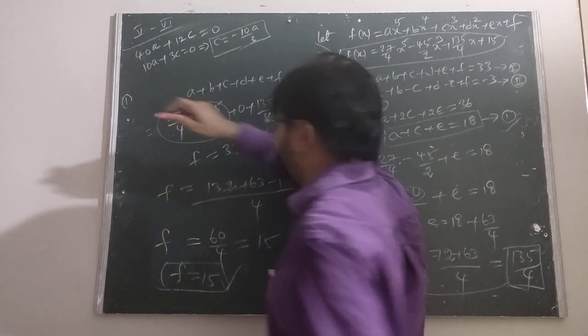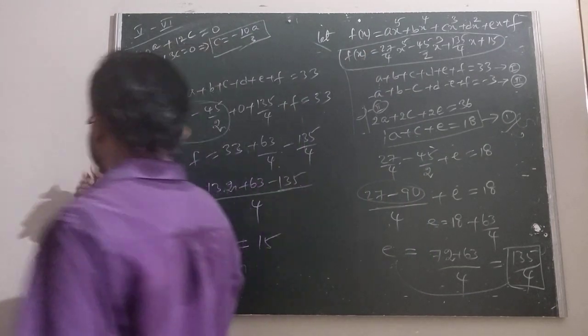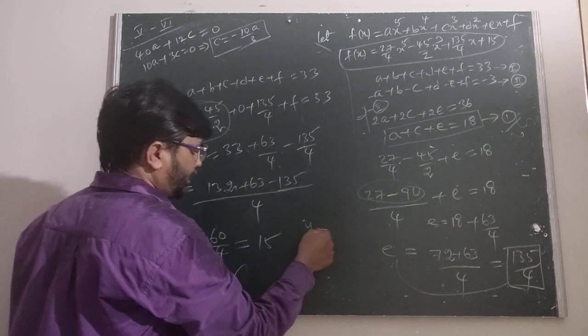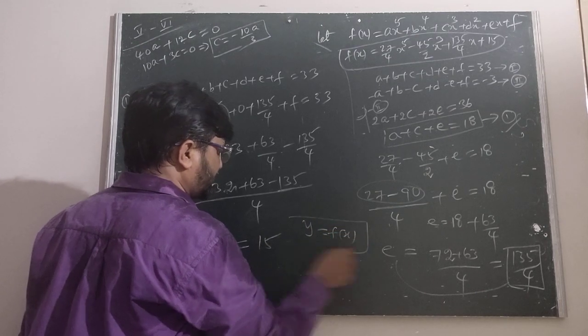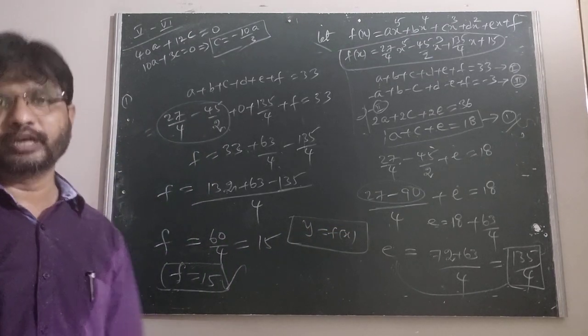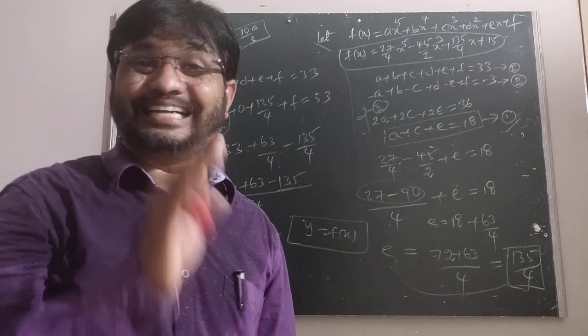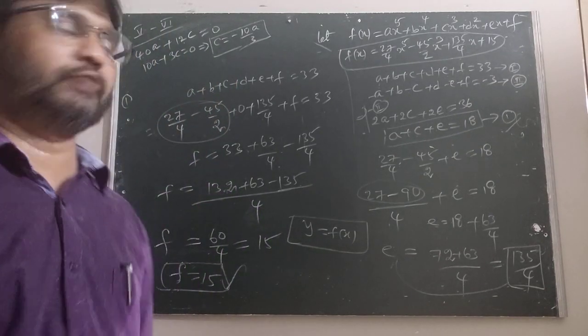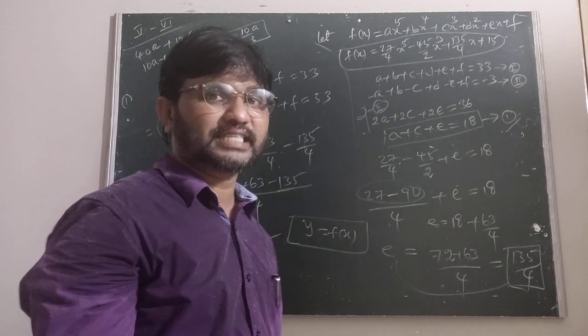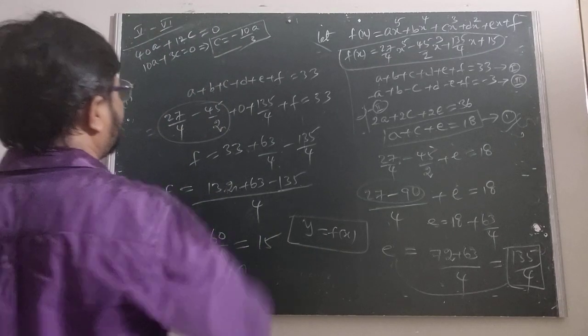Now the question gives that y equal to f of x is a curve, and we need to find the tangent to the curve y equal to f of x at 0.